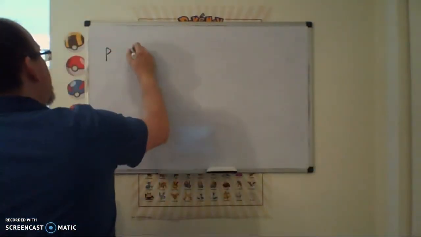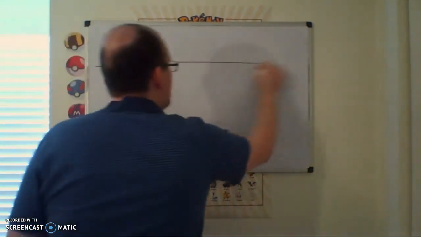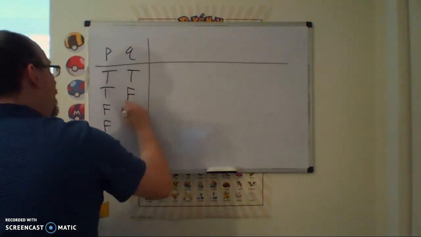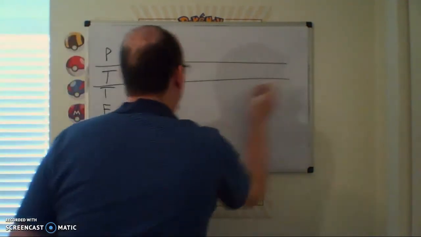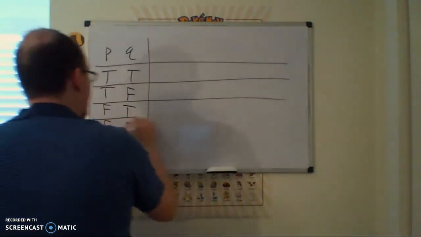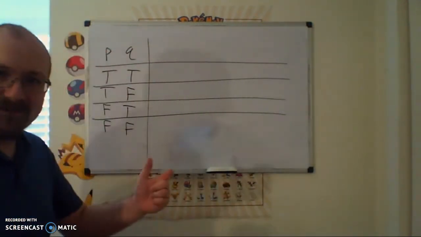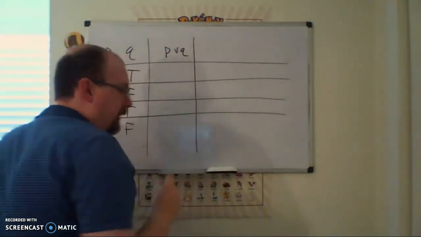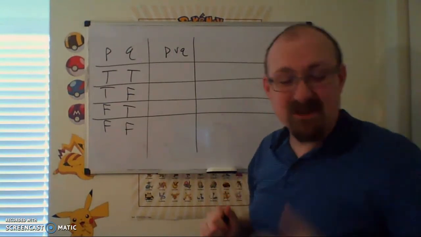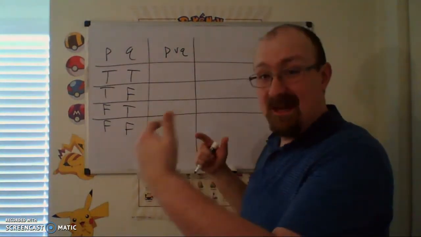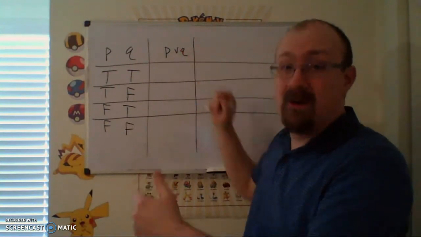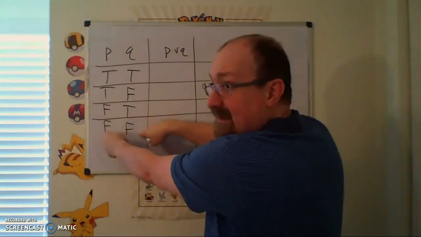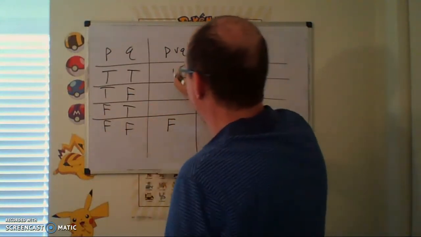All right, so P, Q. I'm trying real hard to avoid more jump cuts. But anyway, we've got this so far. So we had P or Q. We need to deal with that first, and then we can apply negation to it. Again, a disjunction, the or, is true as long as we have at least one true. That happens everywhere but in this final column, so that would be a false.